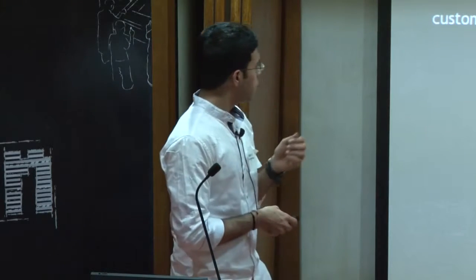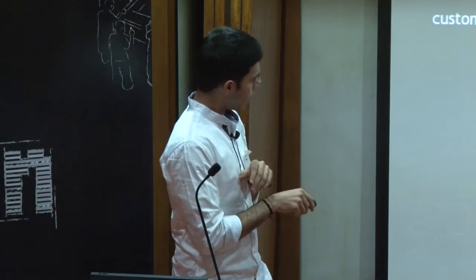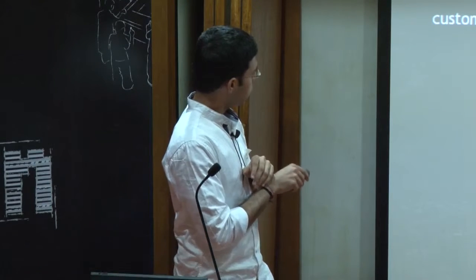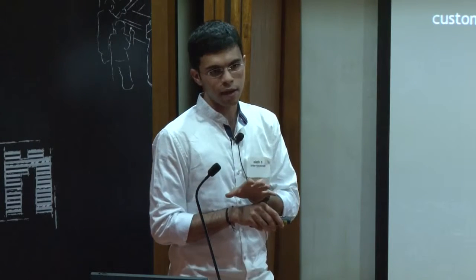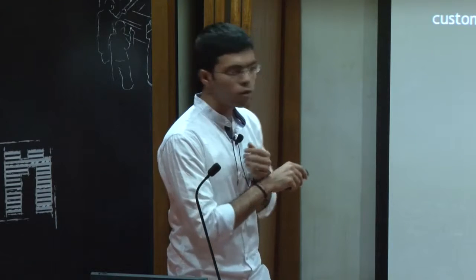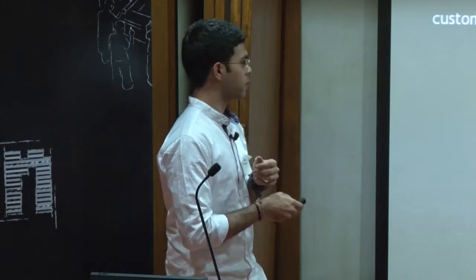Next, I'm going to talk about how we have tried to solve the sparsity problem. This head part, I'm not going to touch, because here we're already getting good recommendations. This particular part is what needs to be addressed.